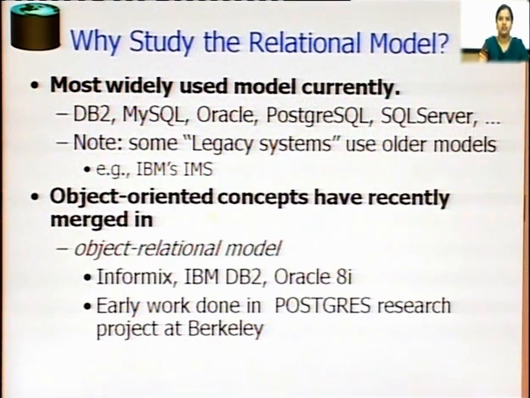And the other advantage is the object oriented model, where all the real world problems are easy to model into object oriented concepts. So for these object oriented models, there are Informix, IBM DB2, Oracle 8i, and nowadays 9i and 10i are also available, which help to do things in the object oriented or object relational models.